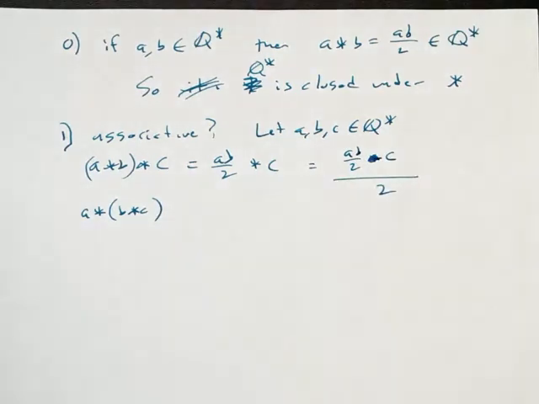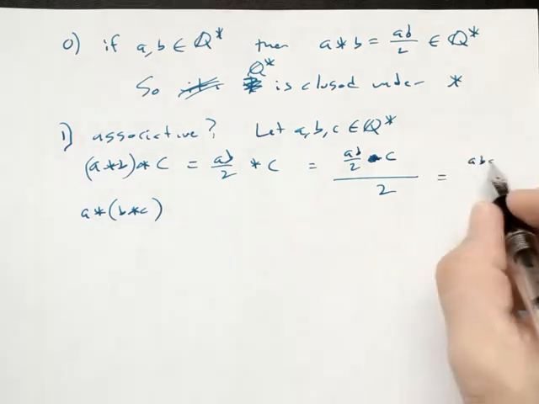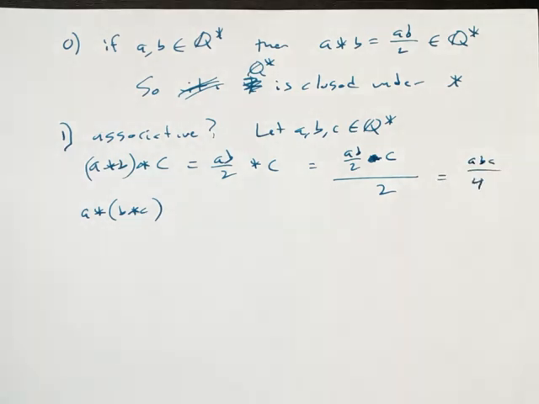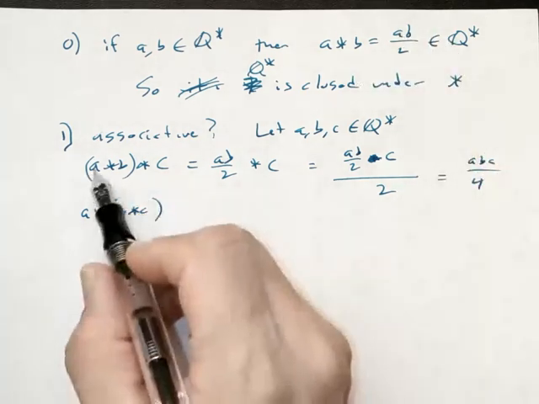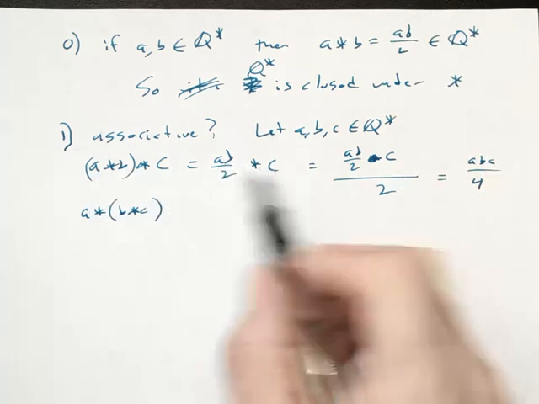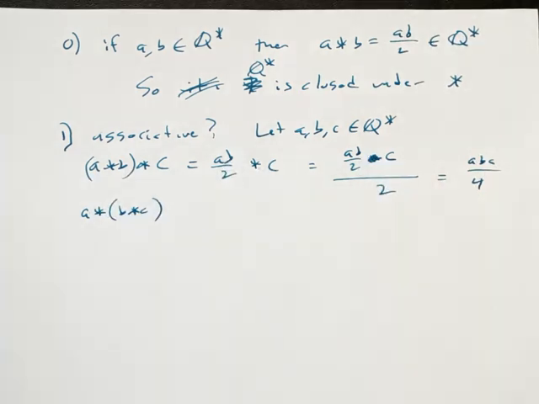Let's simplify that fraction, right? The top will be ABC over 2. It's over another 2, so that'll be ABC over 4. Where do you get that 2 on the bottom? By the very definition of star: thing 1 star thing 2, multiply the 2 and then divide by 2.